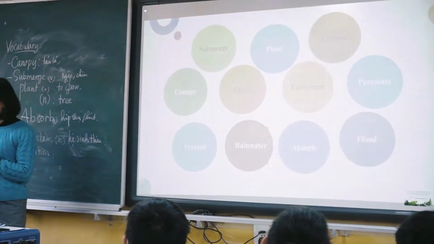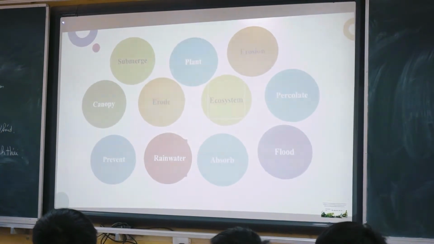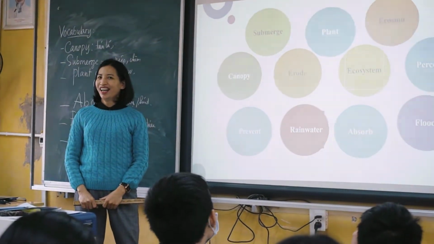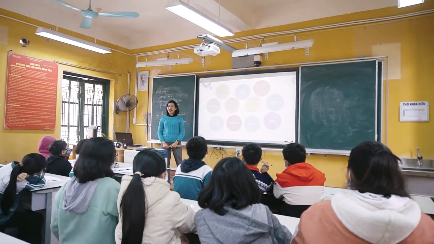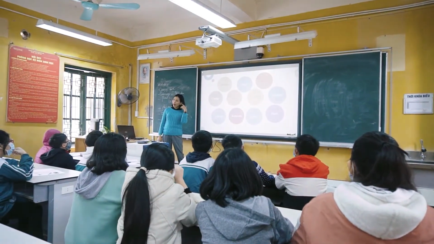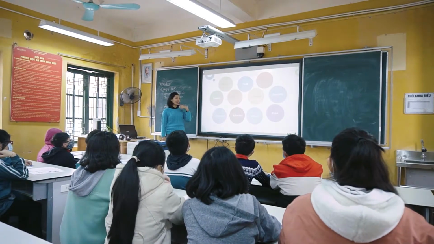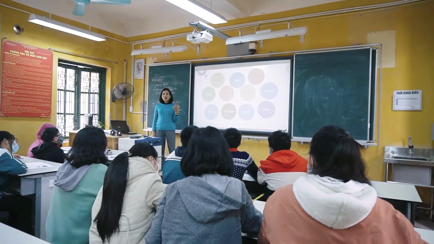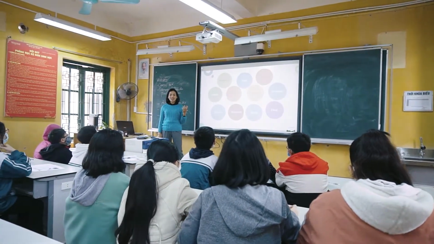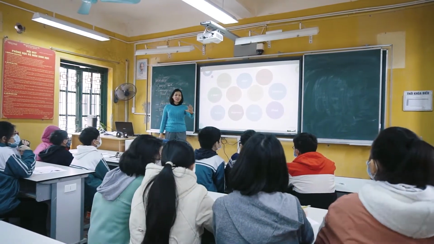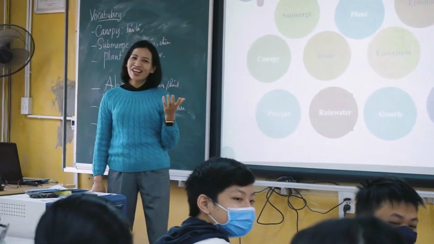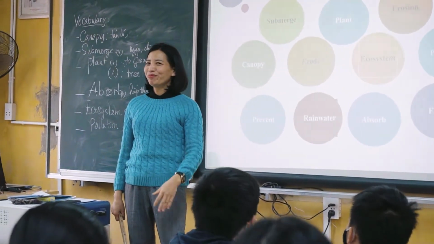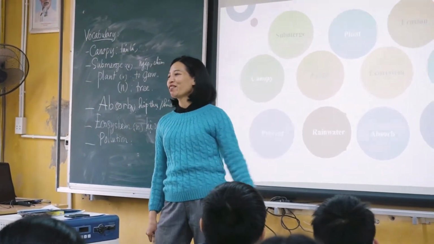I have a mini game. Look carefully. How many words in the book? 11. Yes. Read it and remember it carefully and quickly, and then after a while the slide will have many words, and some words will be missing.